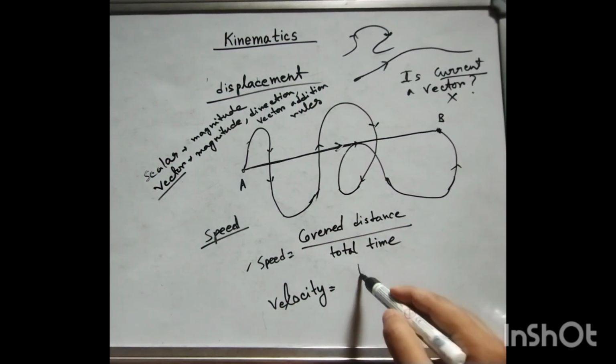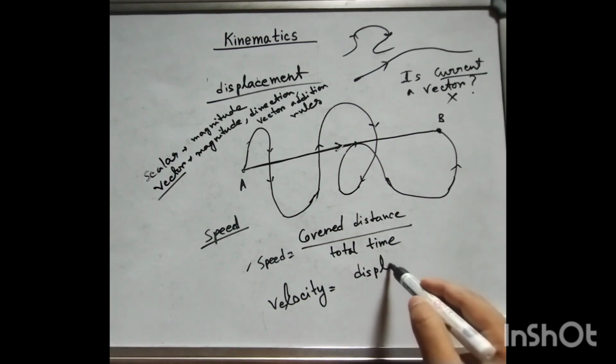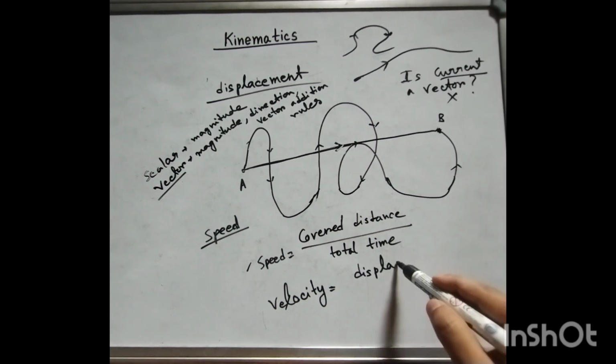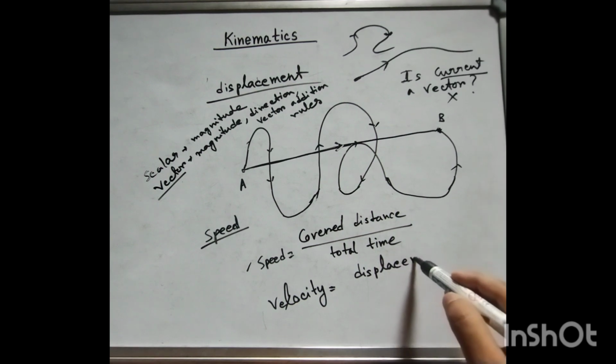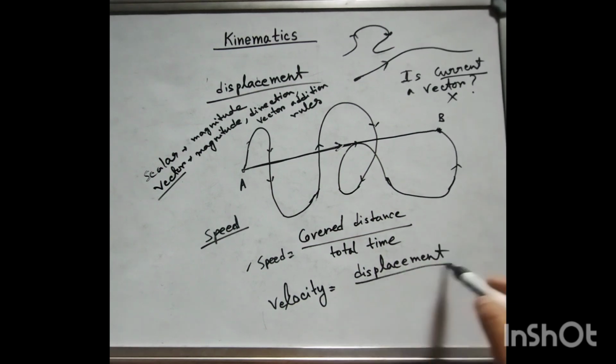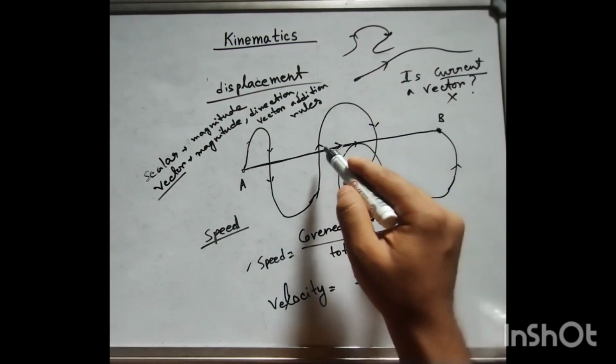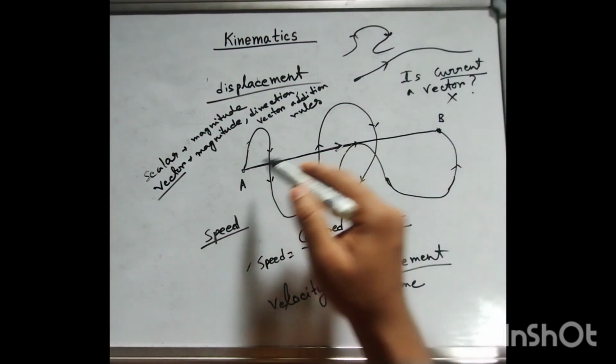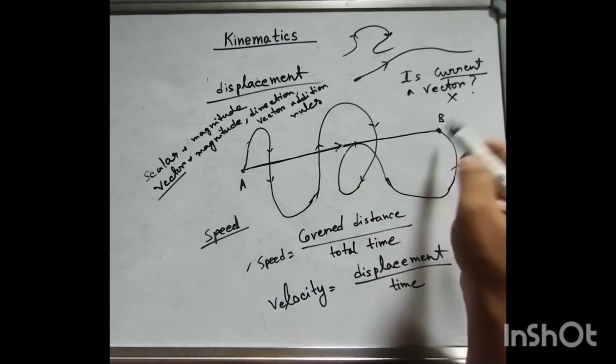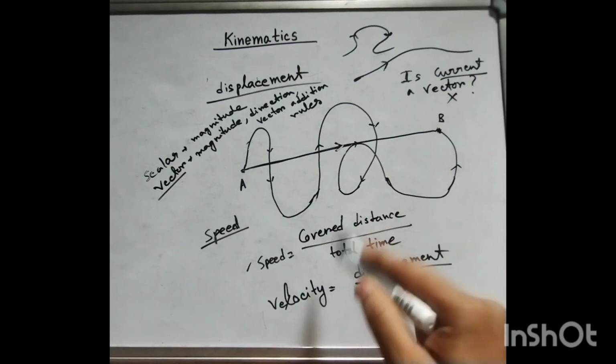And velocity is displacement by time, so that is the difference between speed and velocity. Displacement by the total time you have taken to reach from A to B, that is your velocity.